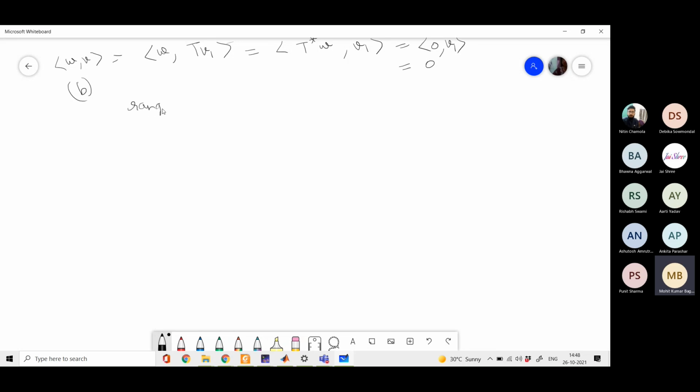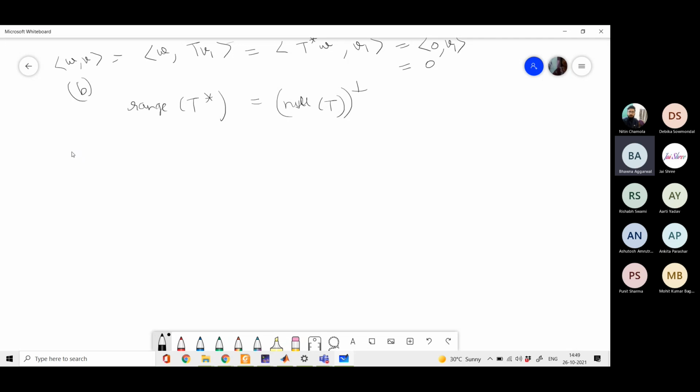In this, you have to show the range of T* is the orthogonal complement of the null space of T. In a similar way, we can take W an element of the range of T* and V an element of the null space of T. Then T of V will be 0 and T* of W1 will be W. So the inner product of W with V will be the inner product of T* of W1 with V, and that will be the inner product of W1 with T of V, and T of V is 0.